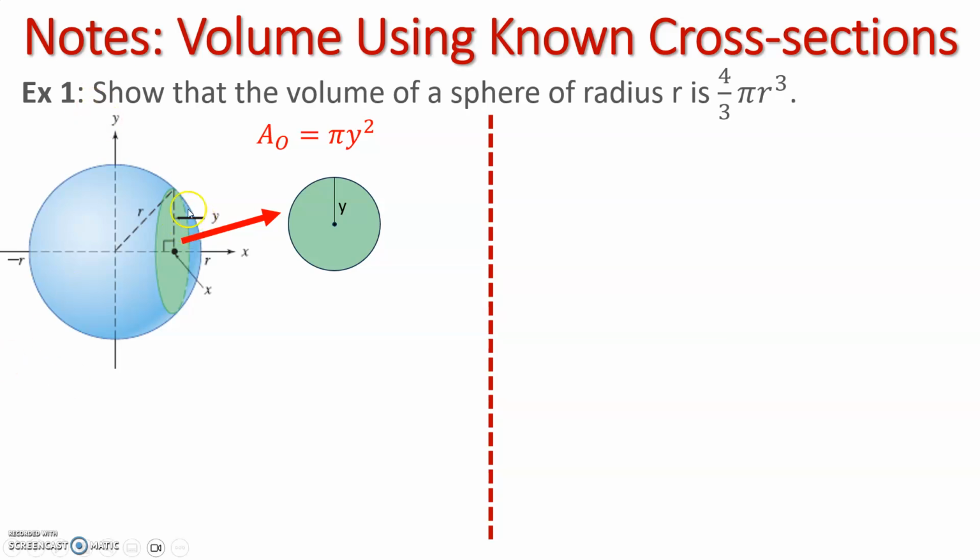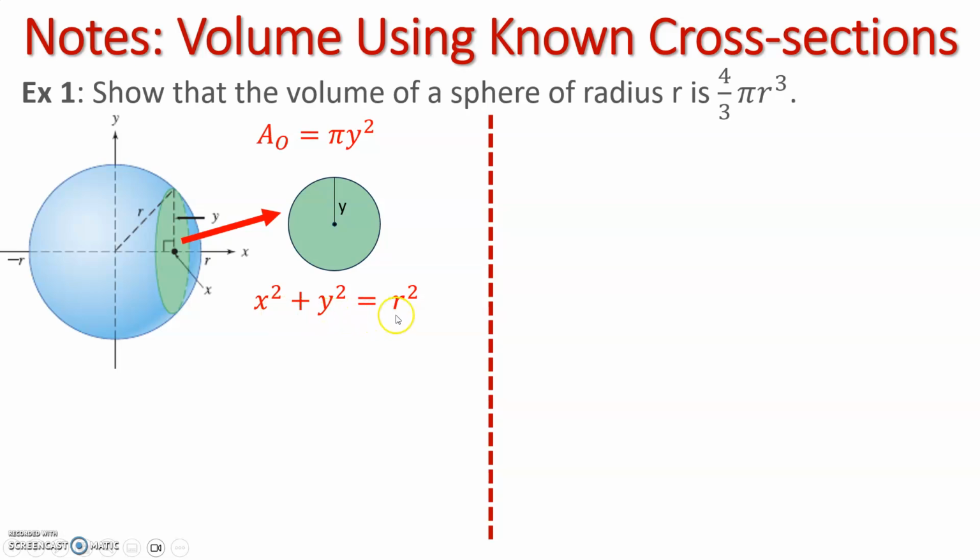So what we're going to notice is in our sphere that x, y, and r are related by this right-angled triangle. So we know, using the Pythagorean theorem, that x squared plus y squared is r squared. So we can modify this equation and solve it for y so that we can create an area of the circle that is in terms of x.